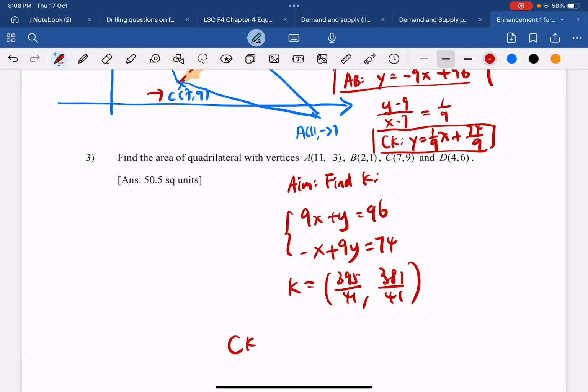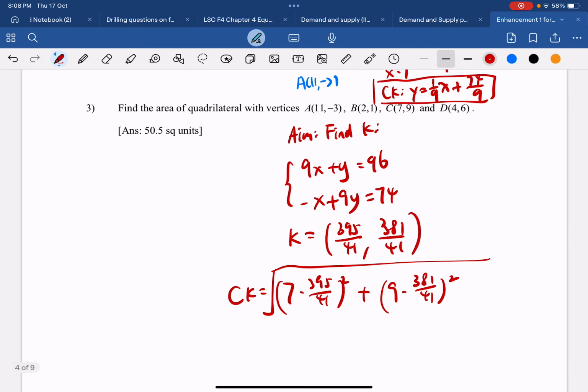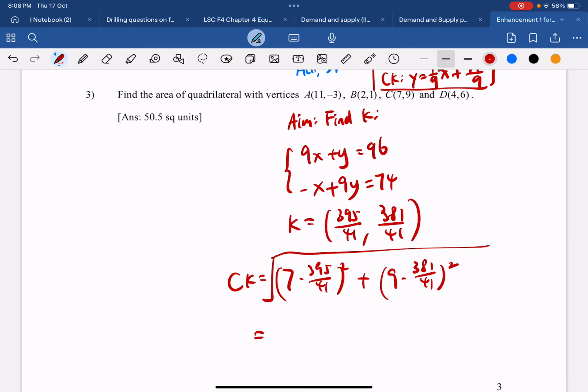With K, now we can solve for the distance of CK, right? So CK will be 7 minus this, squared, plus 9 minus this, squared, okay? Let me press the calculator, which means CK is 2.6505366626 units.